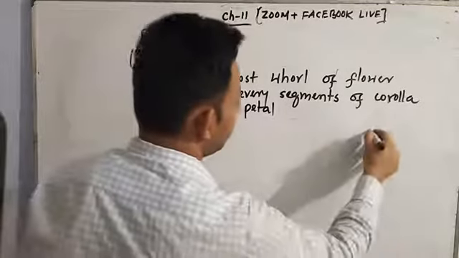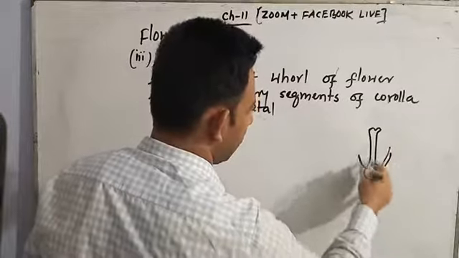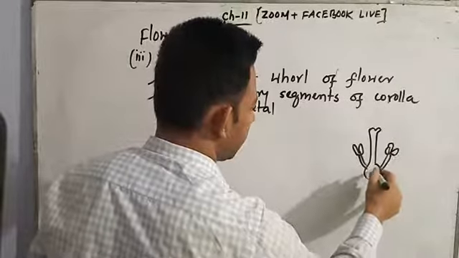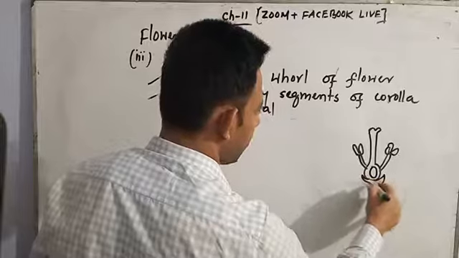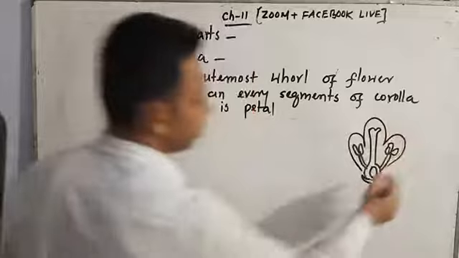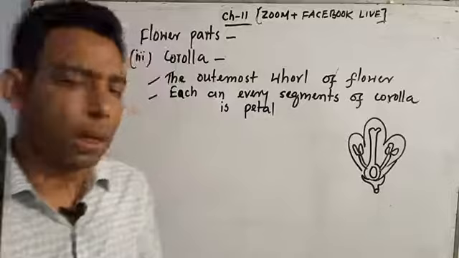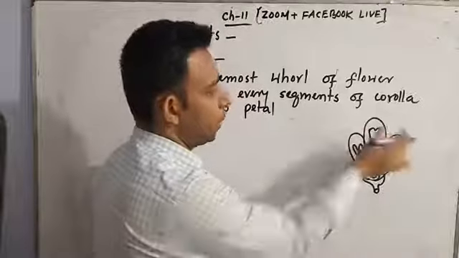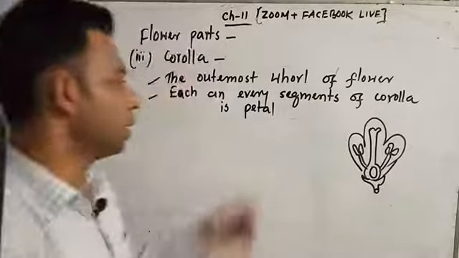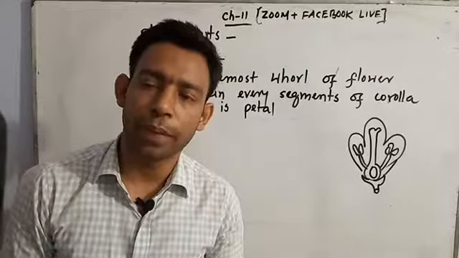If this is a flower, I already drew it last time, but just for a simple drawing here, the outer, attractive part of the flower is the corolla, and each and every segment is called a petal. If a question asks what a petal is, you will write this answer.